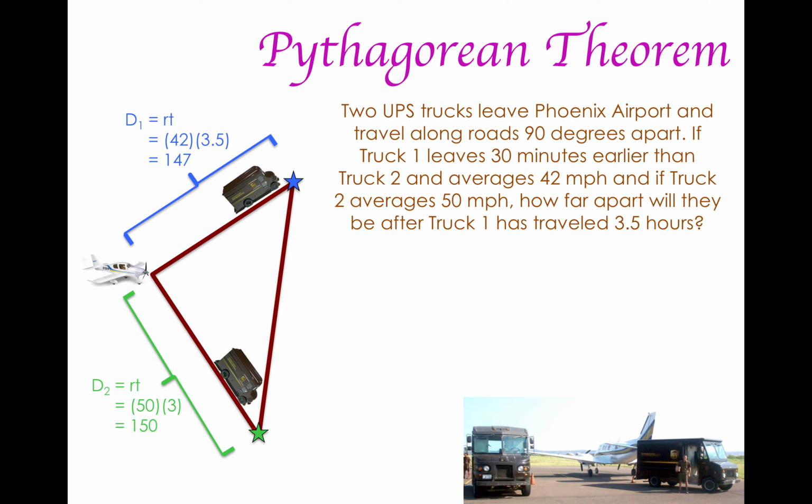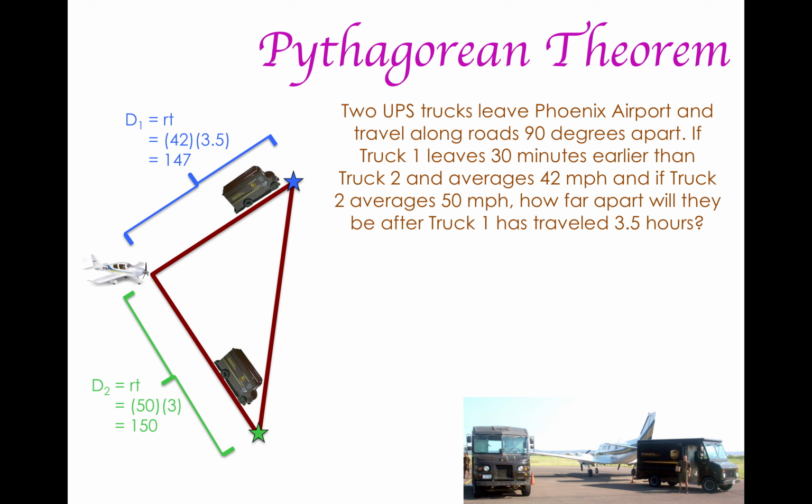But if you look at the problem, it said truck 1 left 30 minutes earlier. So when I'm looking at truck 2, which is my green part, you can see that only has a time of 3 hours, where truck 1 has 3.5.